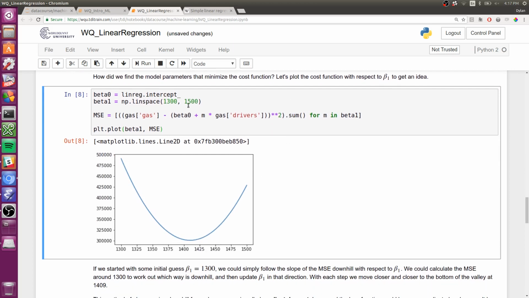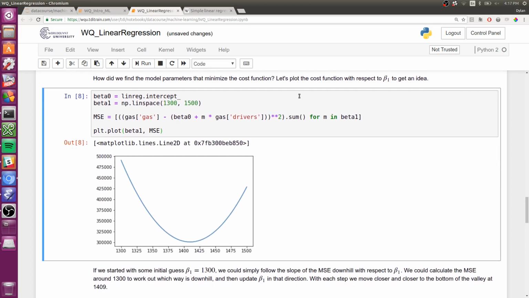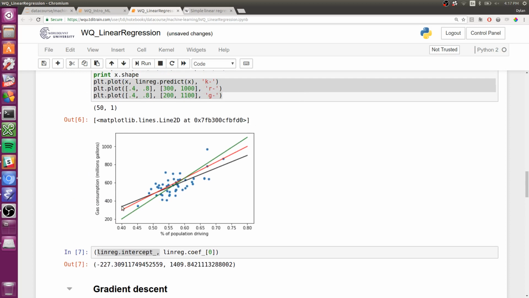So when I hold beta naught fixed, what I'm doing is I'm holding the y-intercept fixed, and then I'm letting the slope vary up and down. So you can imagine this black line tilting up and tilting down, but holding the y-intercept, somewhere over here, fixed.